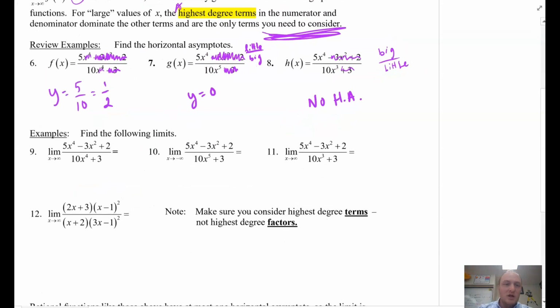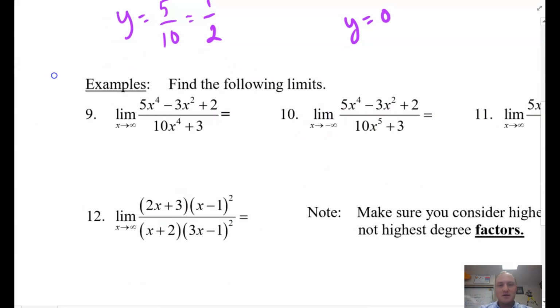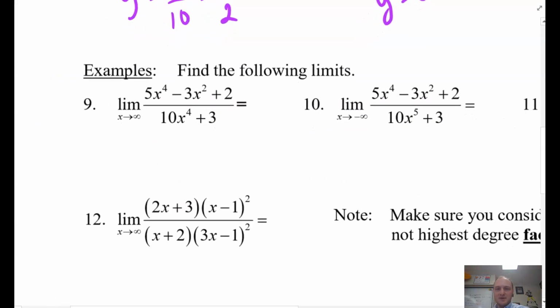All right, let's look at calculating some limits. What we're going to do here is consider, again, only the leading terms. I don't care about any of these terms, and I have 5x to the fourth over 10x to the fourth. In this case, we have a horizontal asymptote at 1/2.